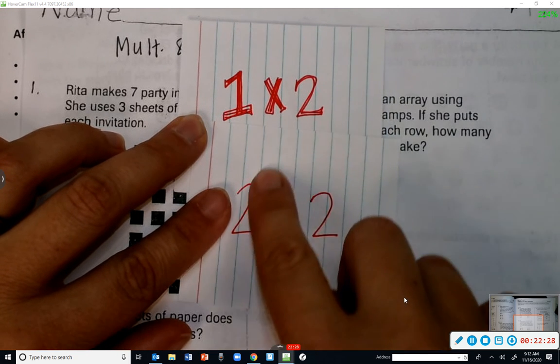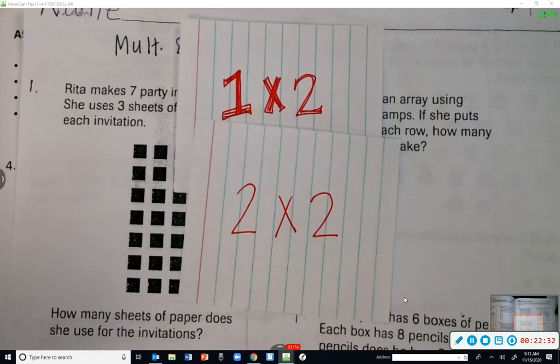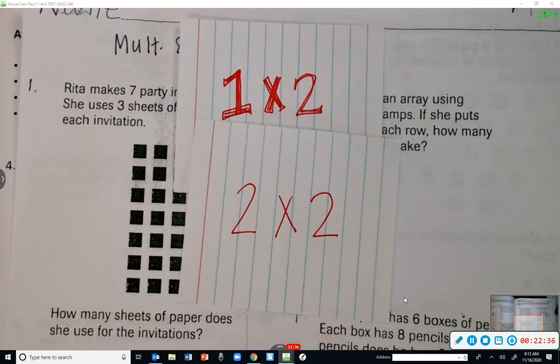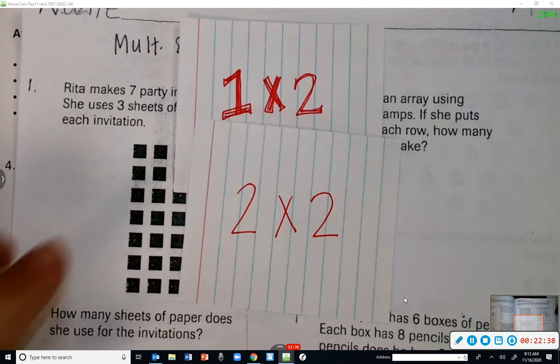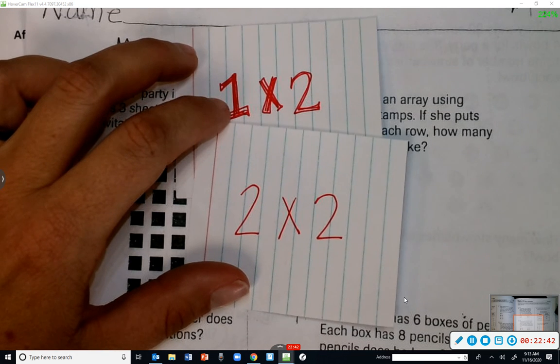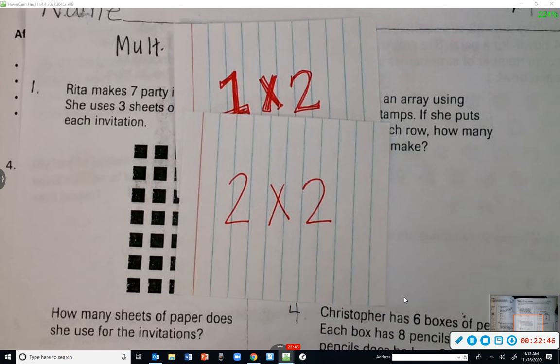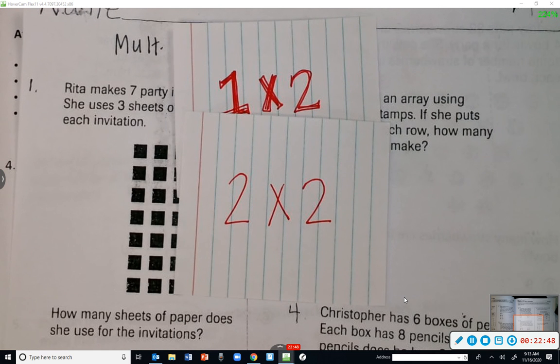Just go in order. 1, 2, 3. 6. Do all of the 2s, then all of the 5s, all of the 10s. Okay? Go all the way up to 12. So I need to have 12 times 2 as my last card. And then 12 times 5 and 12 times 10. All the way up to 12 for the 2s, 5s, and 10s.